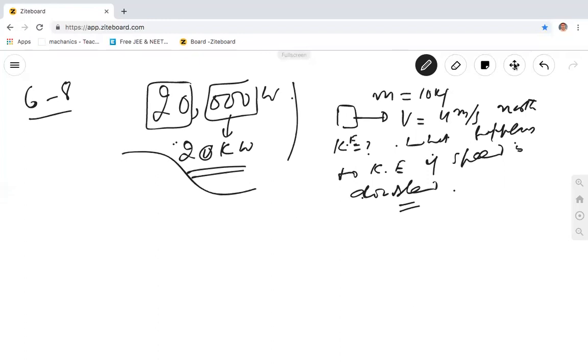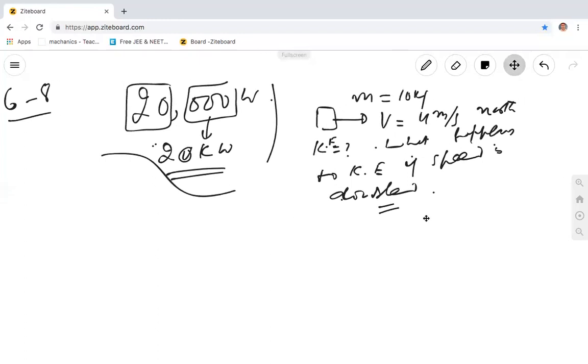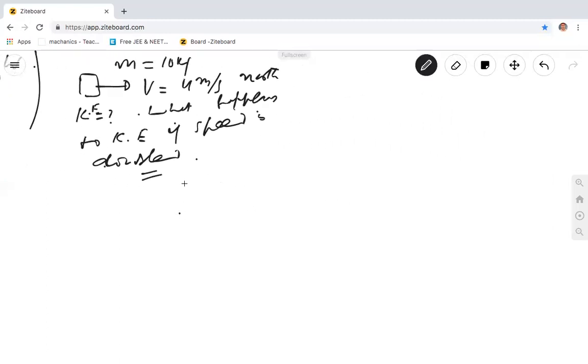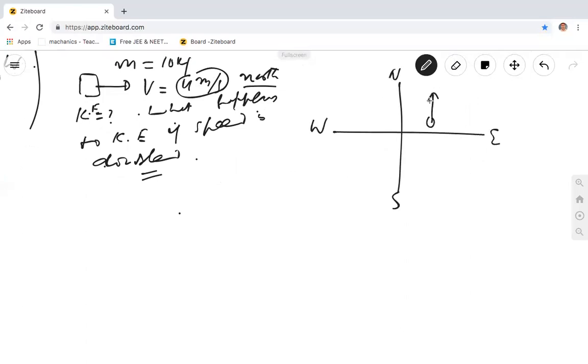Look at this. A very interesting thing, what we need to learn from here. First of all, he says that velocity is 4 meters per second, right? In the north direction. If I make east, west, north, south, the particle is moving in the north direction with 4 meters per second.